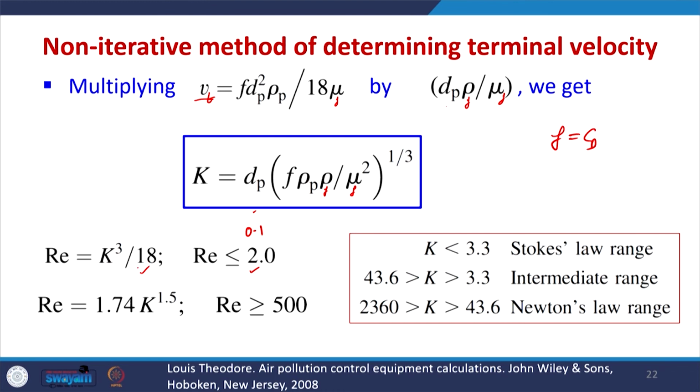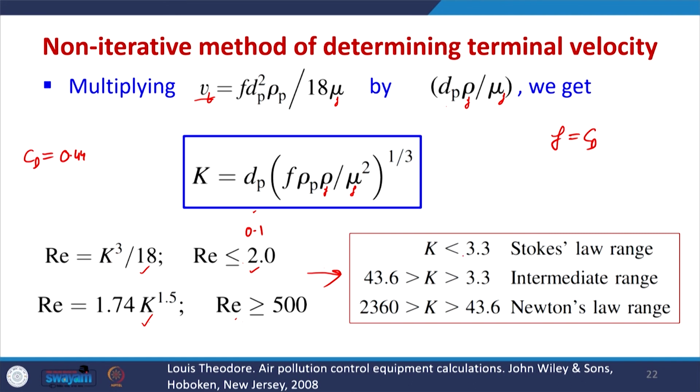And similarly for turbulent region, this expression can be obtained, sorry, for anything beyond 500. So, for turbulent region where the CD value was constant, CD value was given to be 0.44. So, for this case also we can find out. So, this will be the expression, and since Reynolds number range is known, we can easily convert these things into this form.